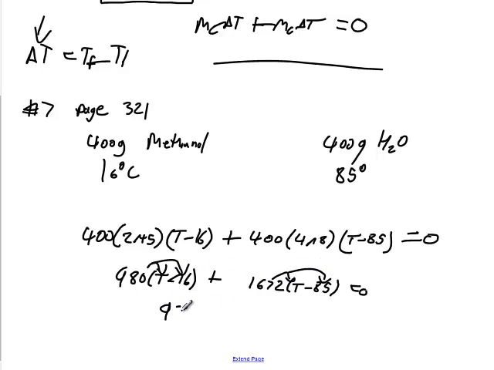So then you have 980T minus 16 times 980, I believe, is 15,680, plus 1672T minus 85 times 1672, which is 142,120, equals 0.